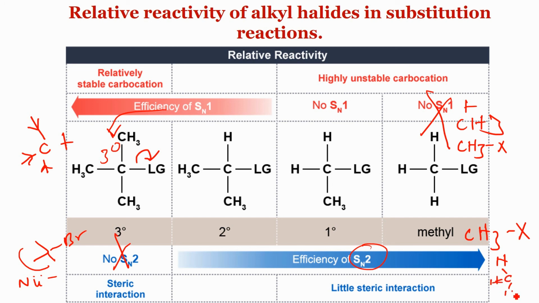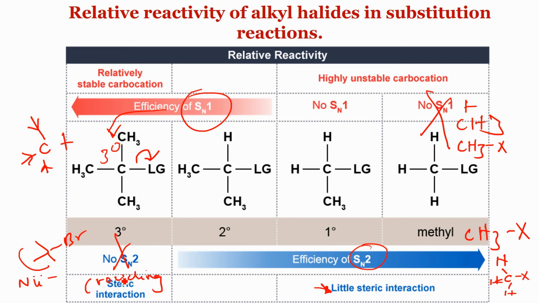So the preference of the electrophile structure is opposite for SN1 and SN2. SN1 will prefer the most substituted electrophile. SN2 will prefer the least substituted electrophile because there is little sterics on the backside. On tertiary, there's a lot of sterics or crowding on the backside.